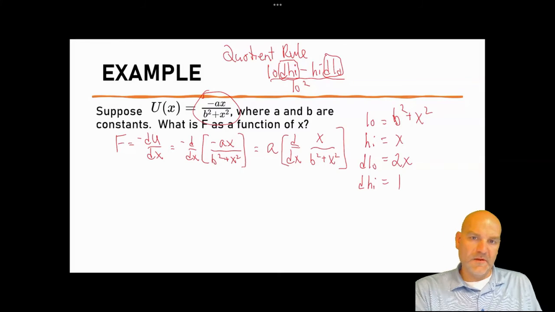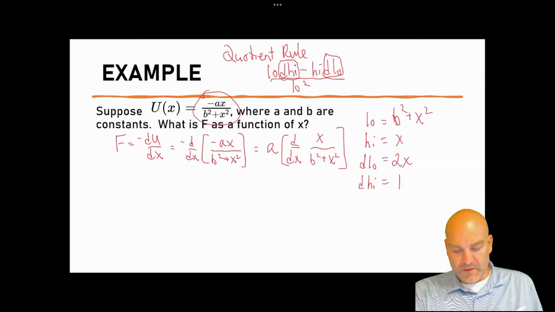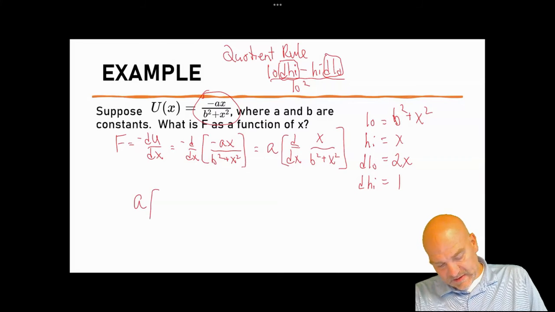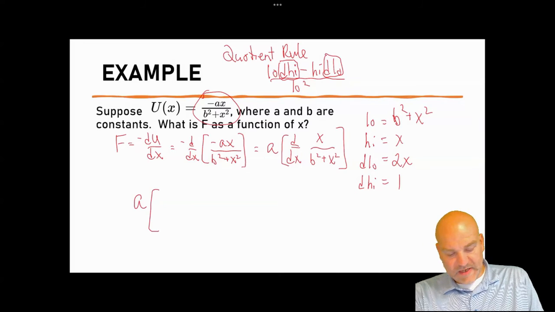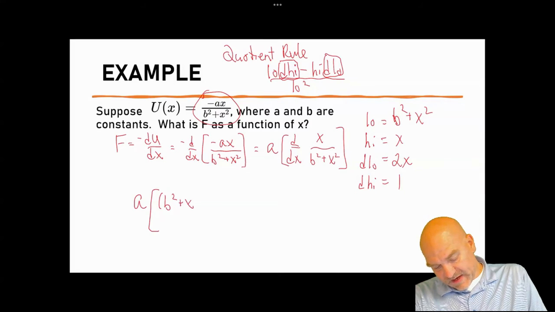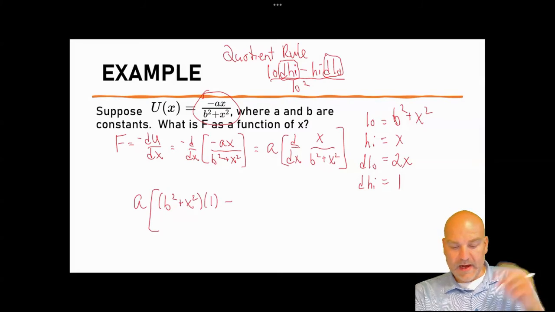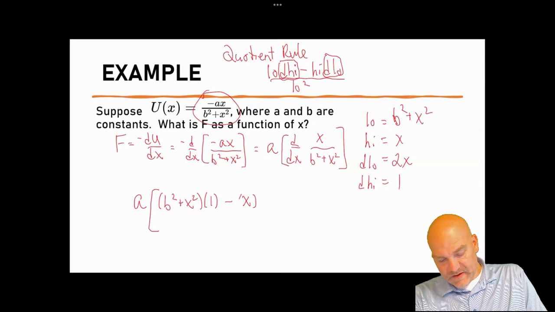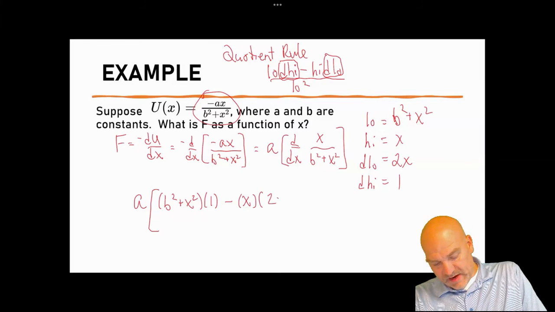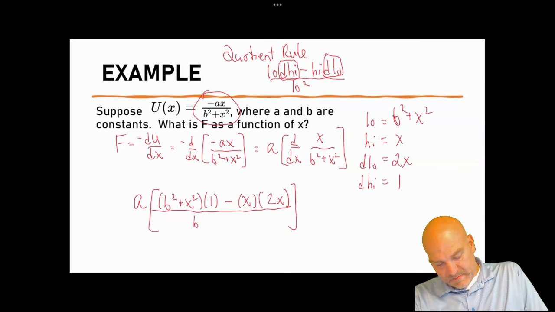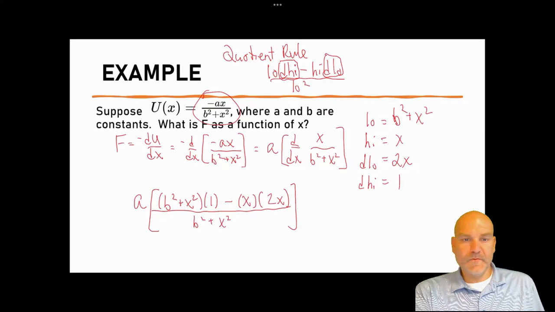And now I'm just going to fit it into my little low d high minus high d low over low squared. It's going to be a times, so I go low d high, so b squared plus x squared times 1, minus high d low, so x times 2x, divided by b squared plus x squared.